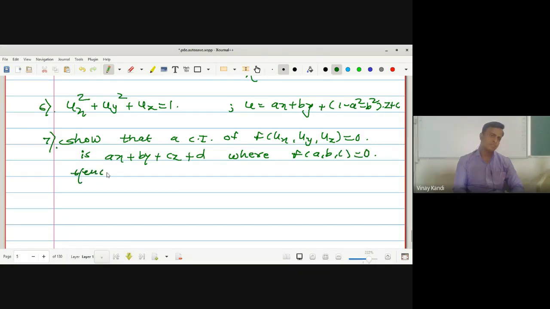Hence, find the complete integral of ux plus uy plus uz minus ux into uy into uz is equal to 0.